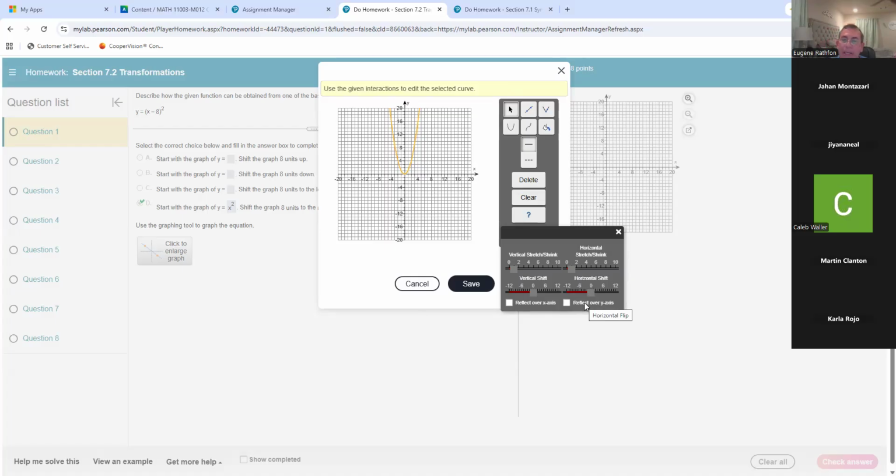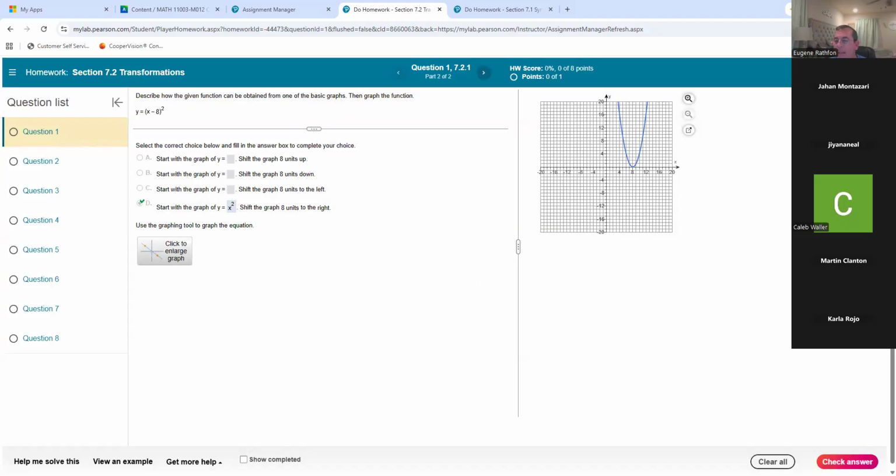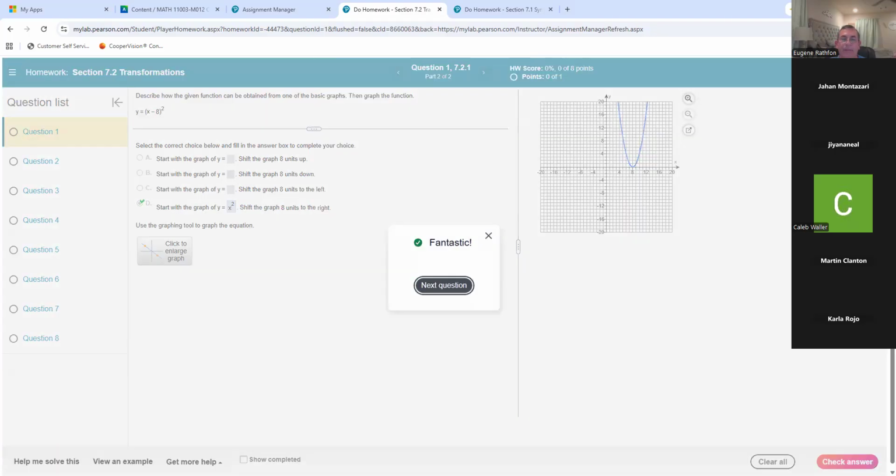Since y'all said that was going right, I'm going to take the horizontal, that's your left or right, and move it right 8 units. Once I move that, look, my graph was in the center. That moved my graph to the right. So once I've moved my graph using the scale, I save that and check my answer.